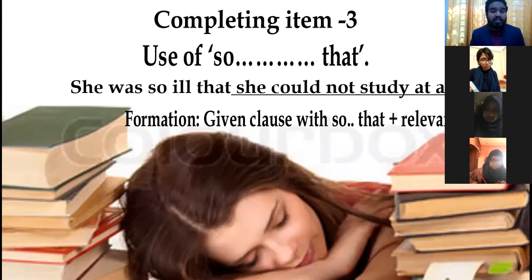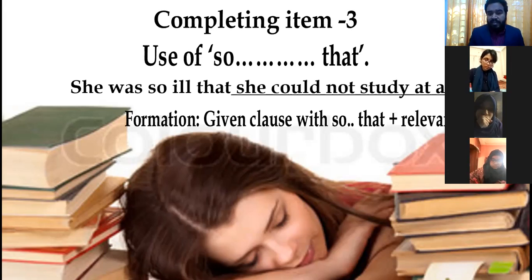Sometimes you can also solve this type of sentence using positive clause. So we will see through my whiteboard. She was so ill that she could not study at all. So here the formation, yes. What kind of parts of speech is so dot dot that? It's conjunction. Okay.